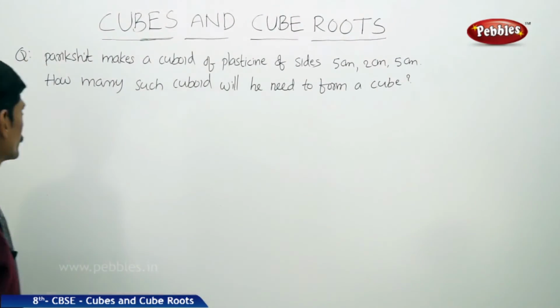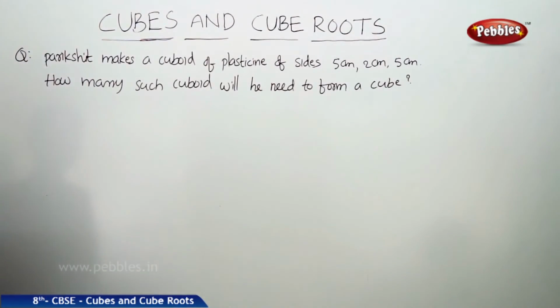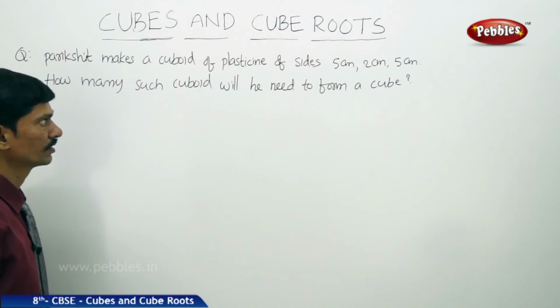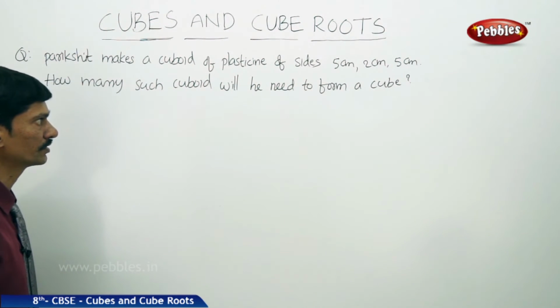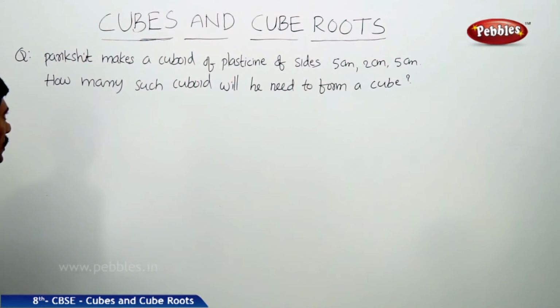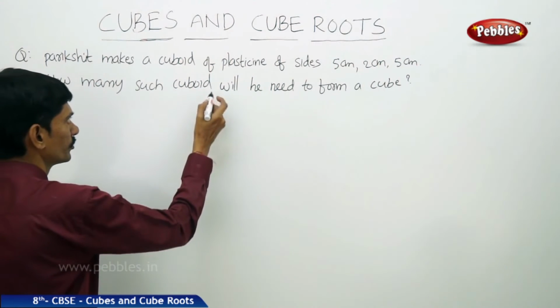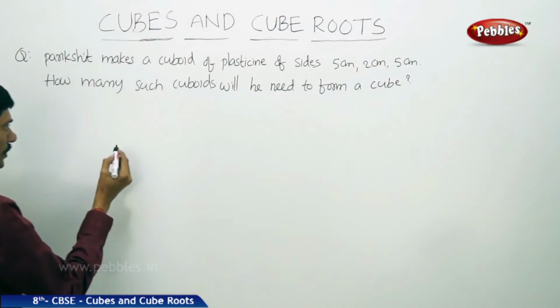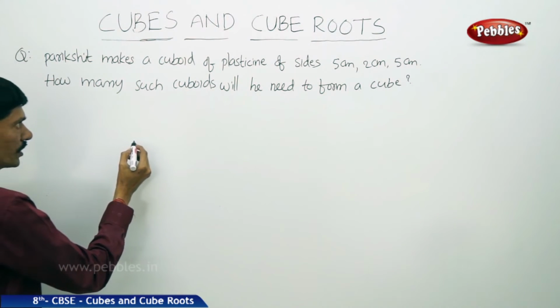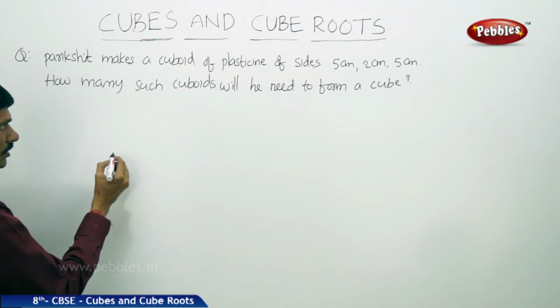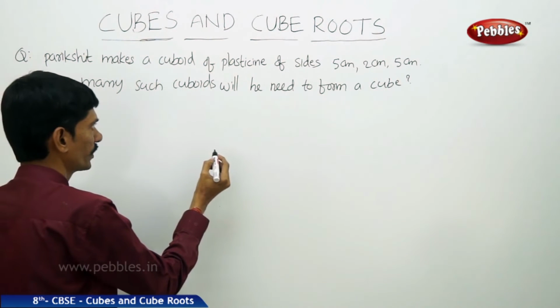Now I will solve the next question. Parikshit makes a cuboid of plasticine of sides 5 centimeters, 2 centimeters, 5 centimeters. Then how many such cuboids will he need to form a cube? First we take the dimensions of the given cuboid: 5 centimeters, 2 centimeters and 5 centimeters.